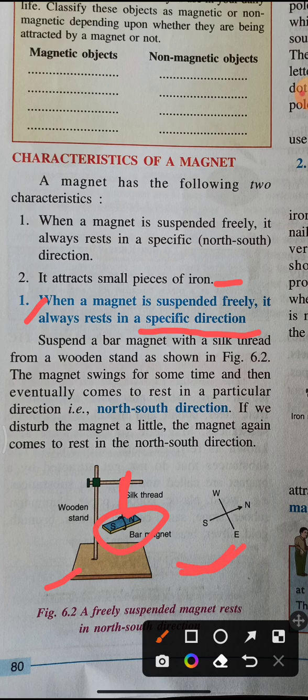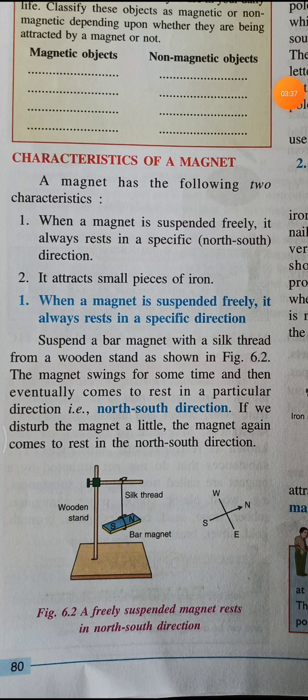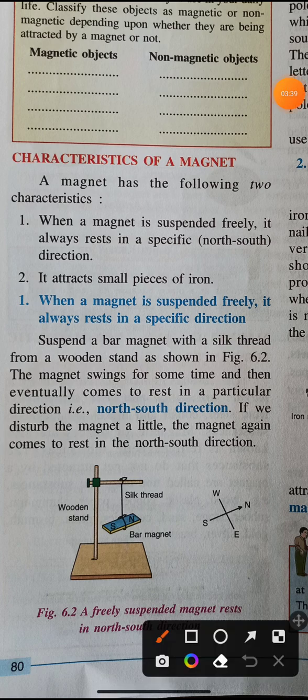It will swing for some time, and after some time it will come to rest. And what you will notice is that it comes to rest in a specific direction, and the direction will be north-south. As you can see here, this direction will be north-south direction. So by this you can get to know where is the north direction and where is the south direction.